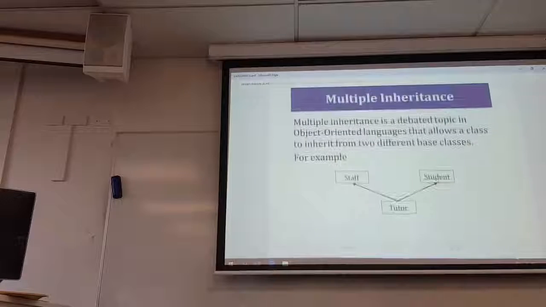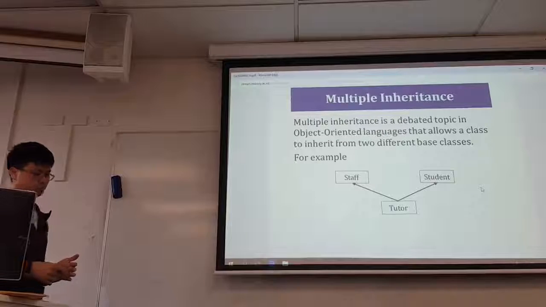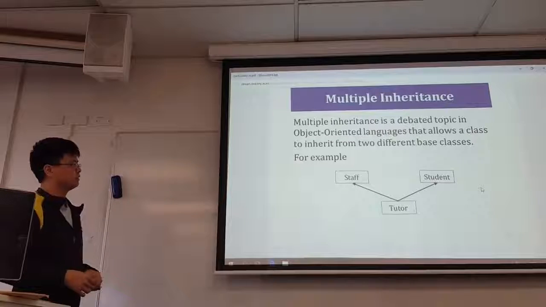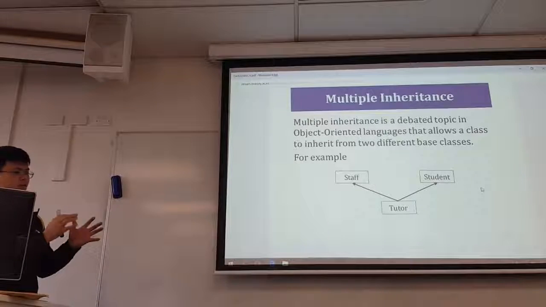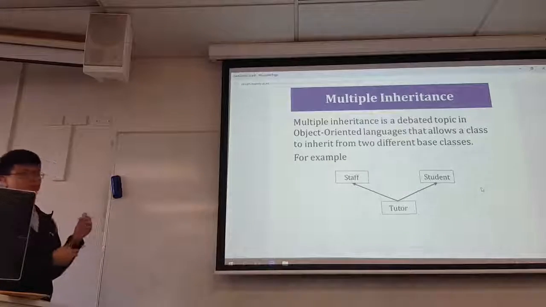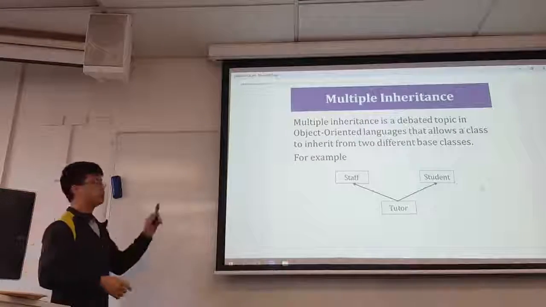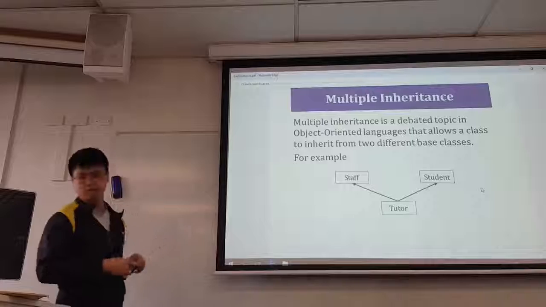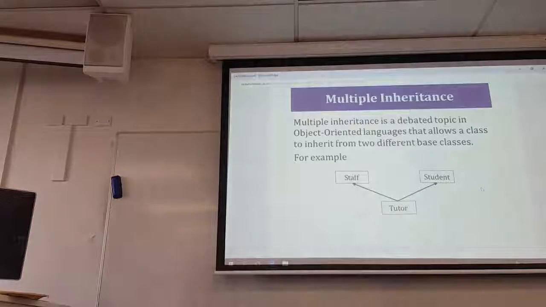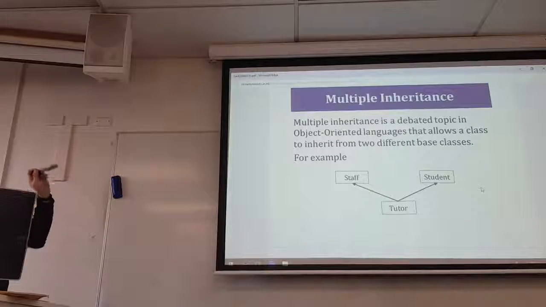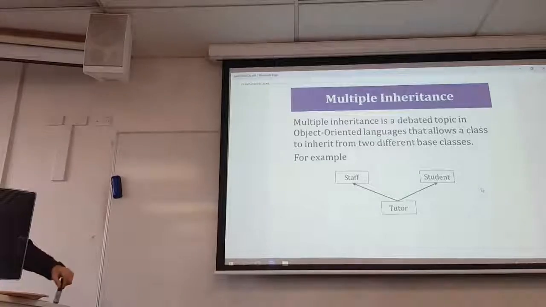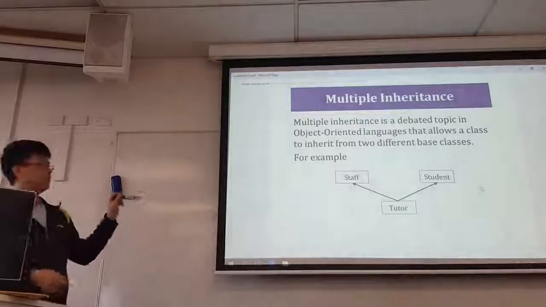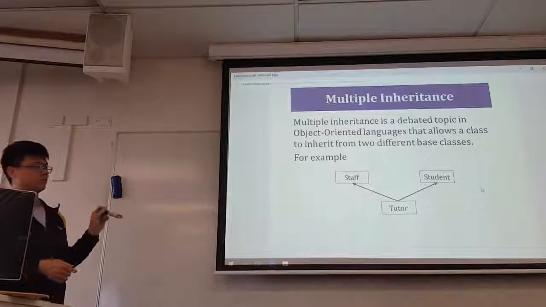However, in C++, there is no clear precedence of which one should be prioritized. Let's say in staff and student, you implement the same function with the same signature. In staff, you have the function goToUni, and in student, you also have the same function goToUni.